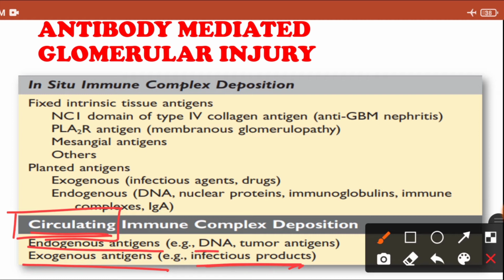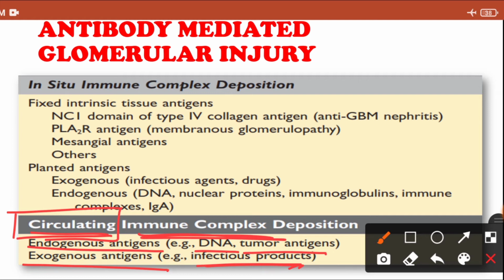For example, DNA. If antibody forms against DNA, then the classical example is systemic lupus erythematosus, or antibody forms against tumor antigen. So here the antigen is outside the glomerulus and the antibody will form against it, forming the immune complex in the blood circulation, and this circulating immune complex will ultimately get deposited in the glomerulus and lead to glomerular injury.